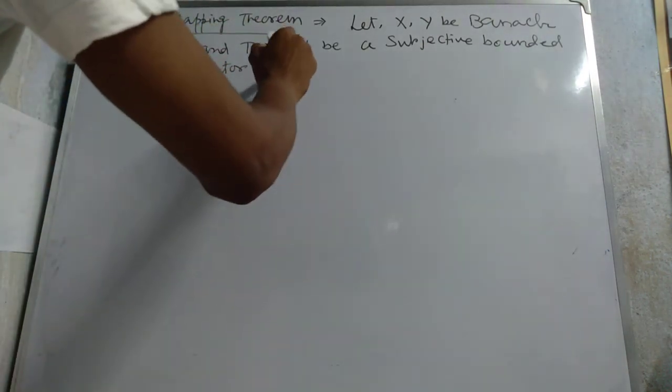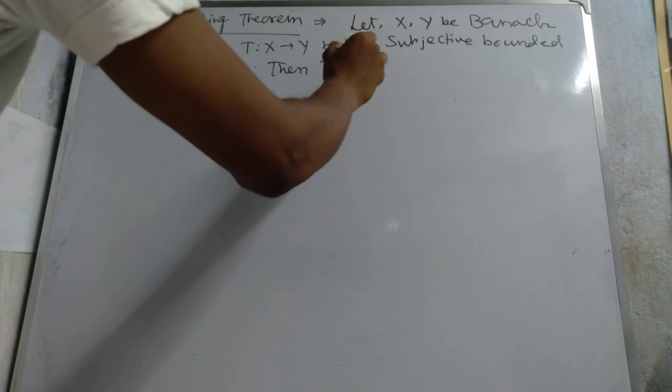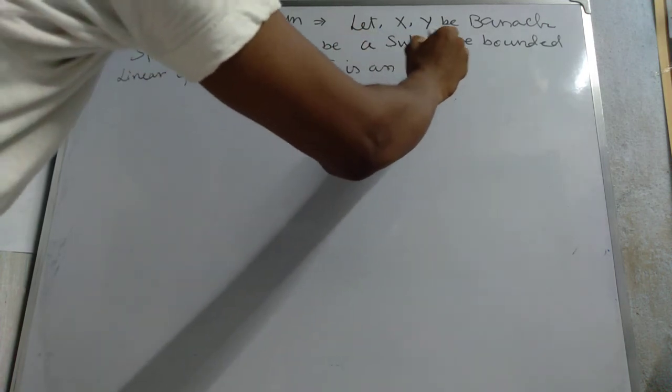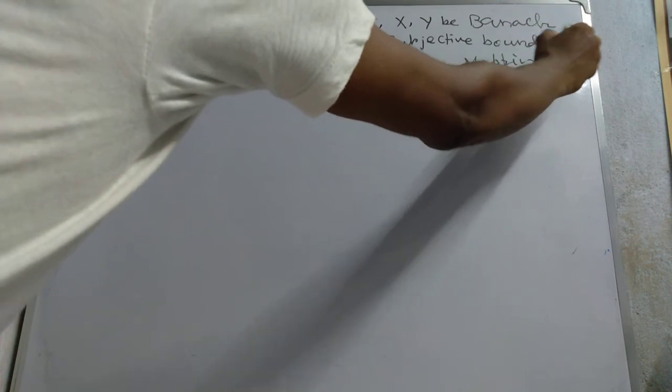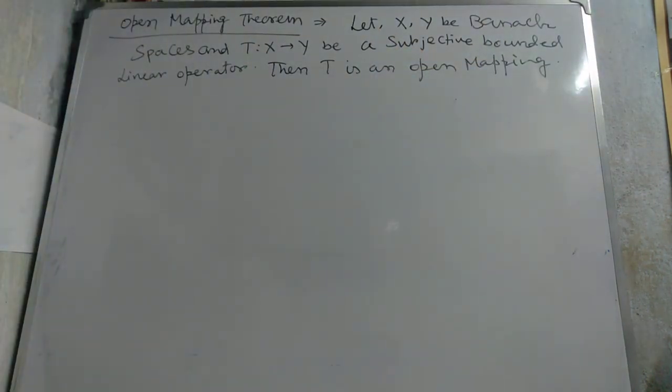Then T is an open mapping. How do we prove it? We prove it in the next class. We just write this statement of the open mapping theorem: X, Y Banach spaces and T a surjective bounded linear operator, then T is an open mapping.